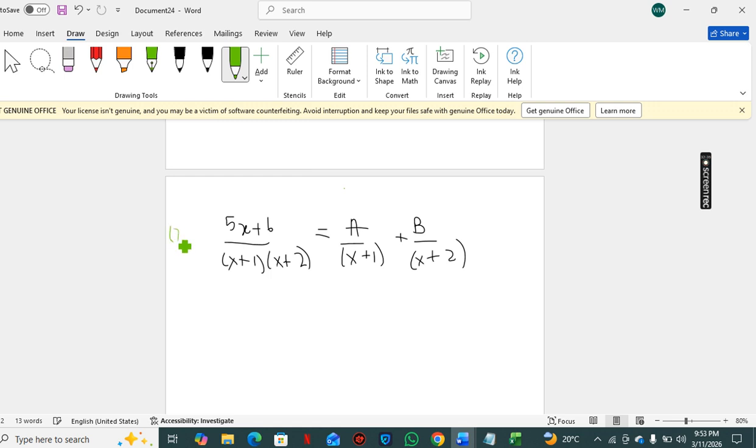The 5x plus 6 over x plus 1 times x plus 2, multiplied with x plus 1. Let me write it in a proper way so that we are seeing everything that happens. 5x plus 6.